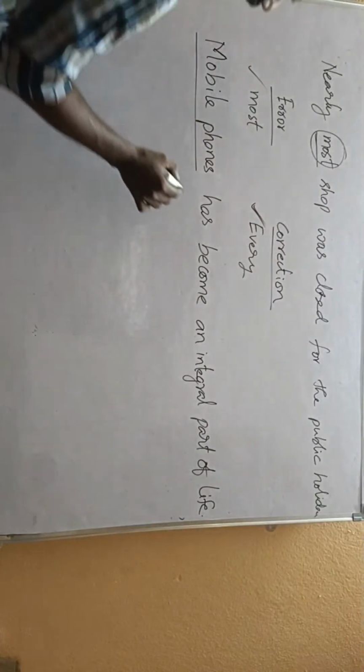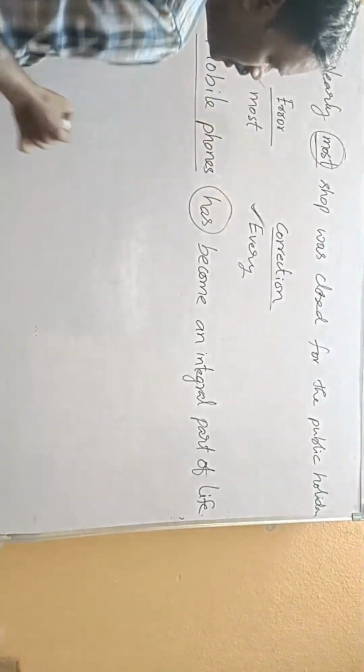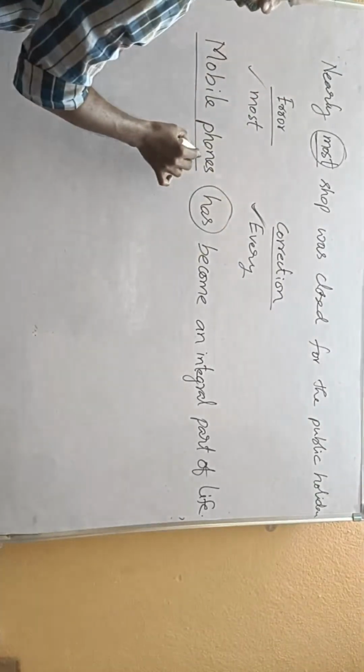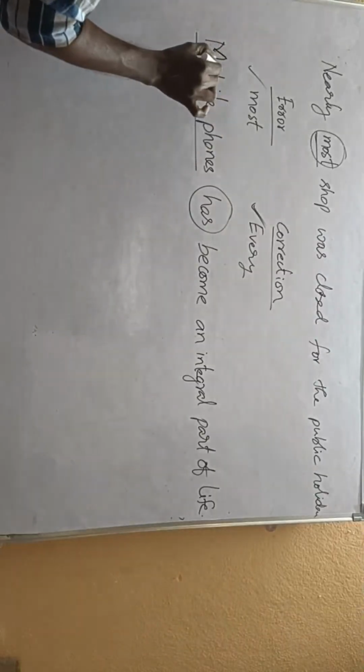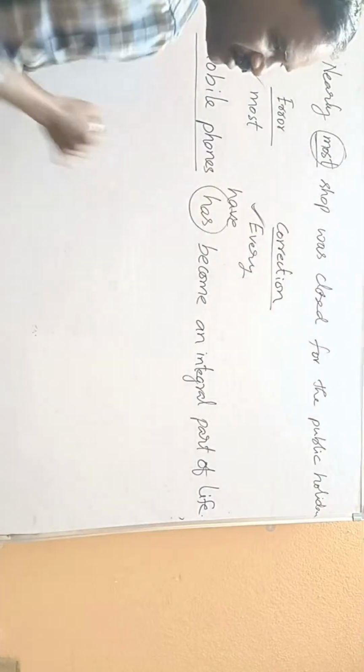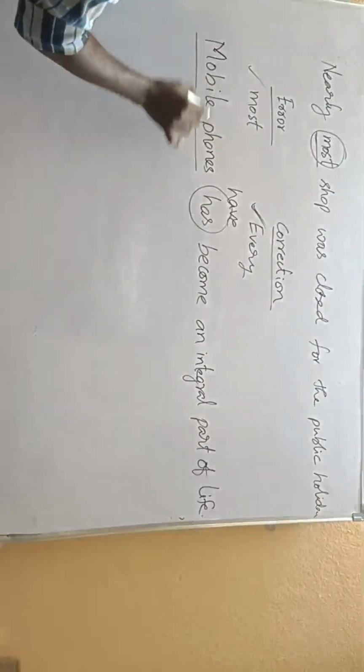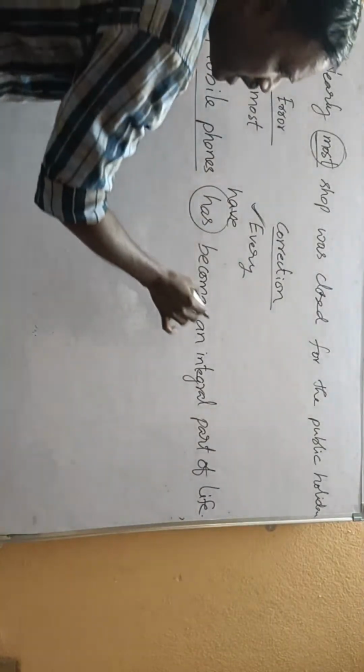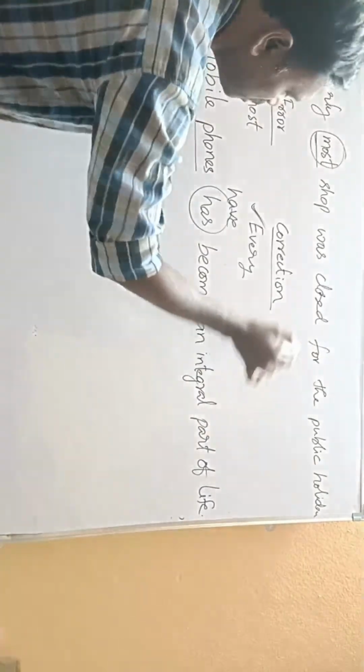Here, mobile phones is in plural form. Has should not be used for plural forms; we have to use have. Mobile phones have become an integral part of life.